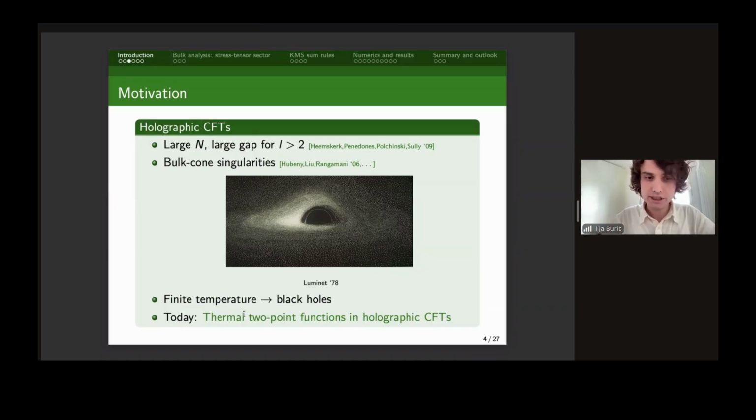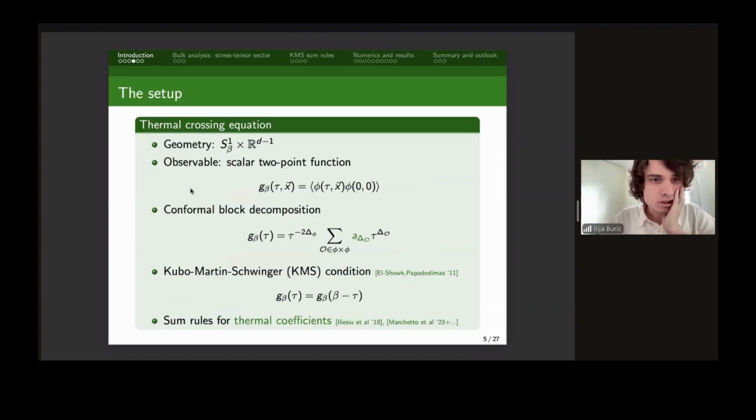So the main observable that I will be studying is a thermal two-point function in a holographic CFT. The setup that I'll be considering is as follows. We look at this most standard thermal surface, the thermal circle S1 times R^(D-1). So beta is the inverse temperature, and in this talk, D is equal to 4.